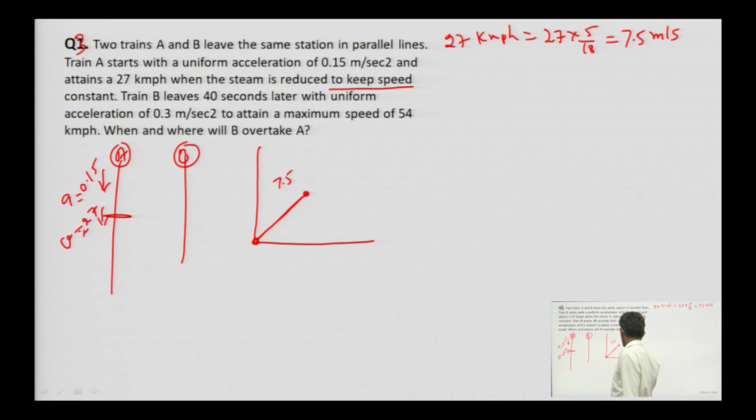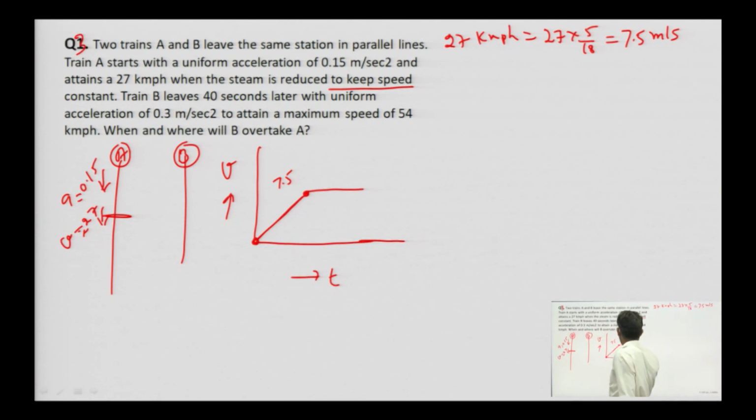This is the VT diagram for train A. After that the speed is constant.